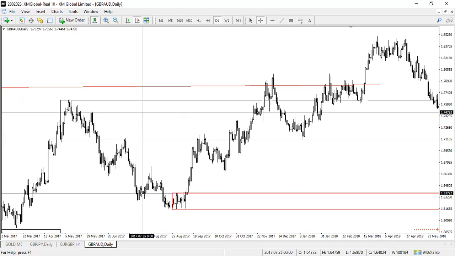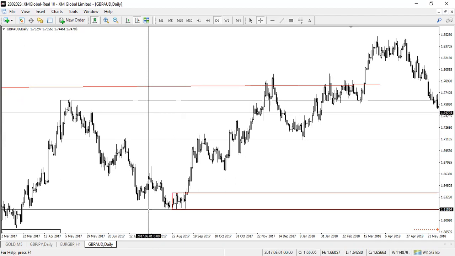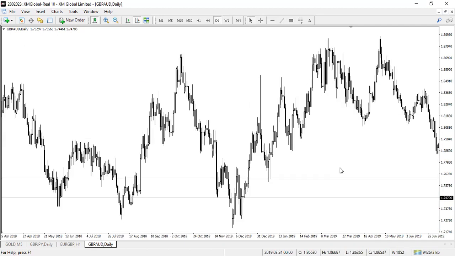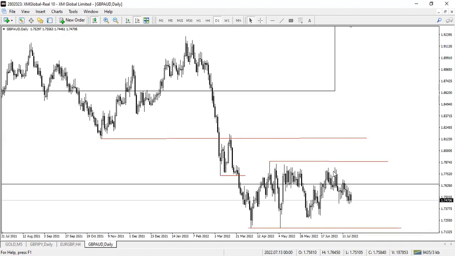This is 1.63722, take profit 1, and take profit 2 here, 1.61524. When things are like this, we simply know what to do. We have to wait for the market to break here. Hence I asked, are you patient enough to wait for the market to break here on a daily time frame?